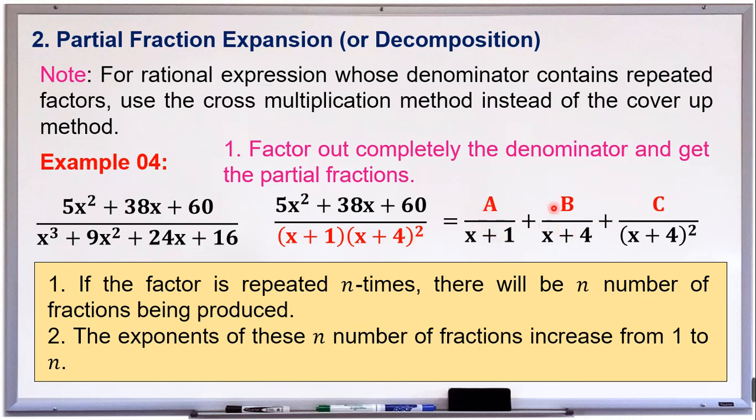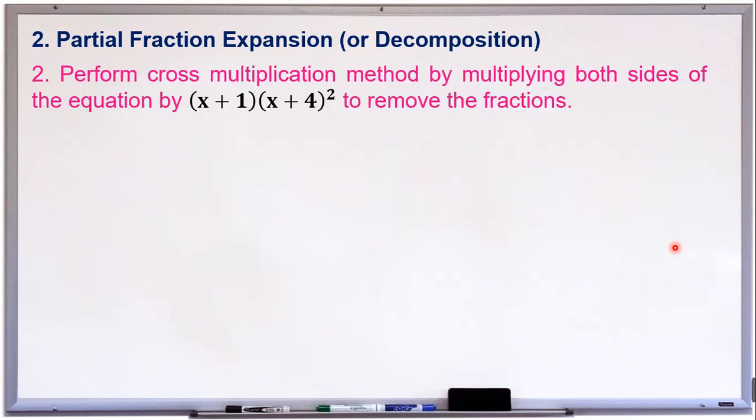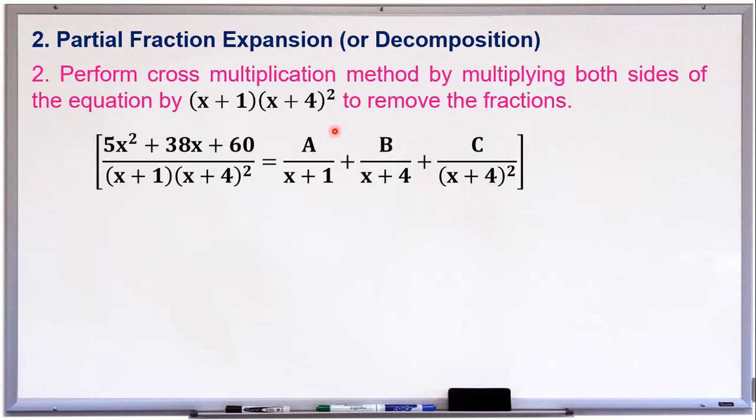Okay, so next is to perform the cross multiplication method. To eliminate the fraction, we're going to multiply both sides of this equation by the denominator of the given complex fraction in factored form, that is x plus 1 times x plus 4 squared. So we're going to multiply this to the left side of the equation.